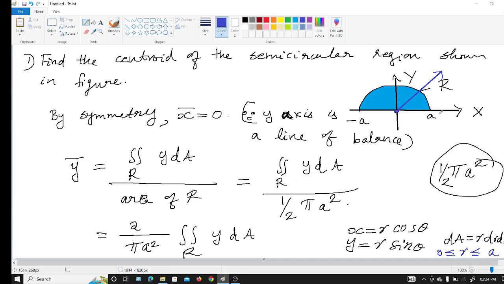Now here the angle theta is measured from the initial line. Initial line means x-axis. So the lowest value of theta is 0, and gradually that increases up to this point, and at that point theta is pi. So theta varies from 0 to pi.